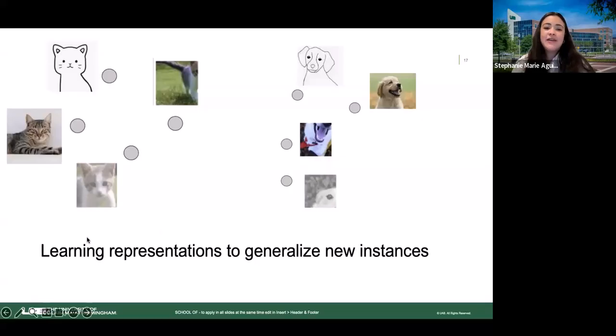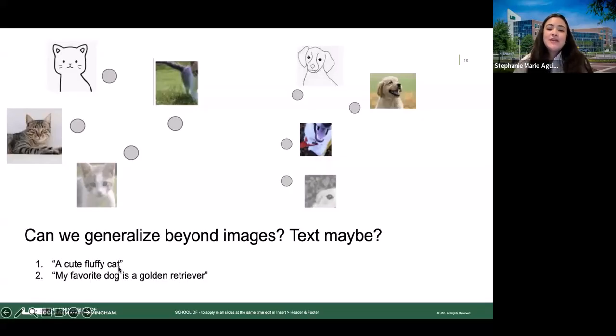What I'm trying to get at here is you can also generalize beyond images, right? That's why I said meow in terms of a cat or a woof, I guess, in terms of a dog. These are also voice inputs, right? And so in the case of a vision language model, in terms of generalizability, you really need that aspect of image, but also text.